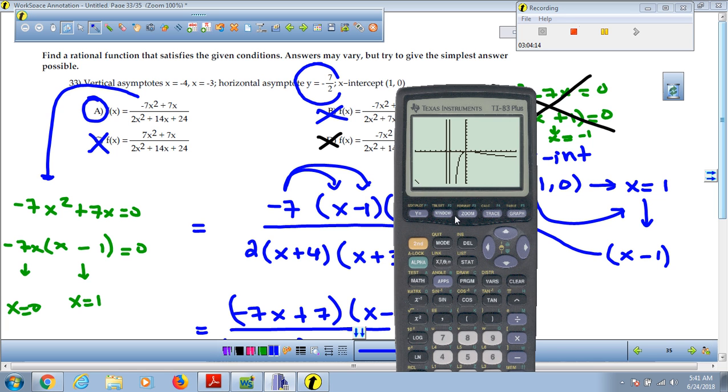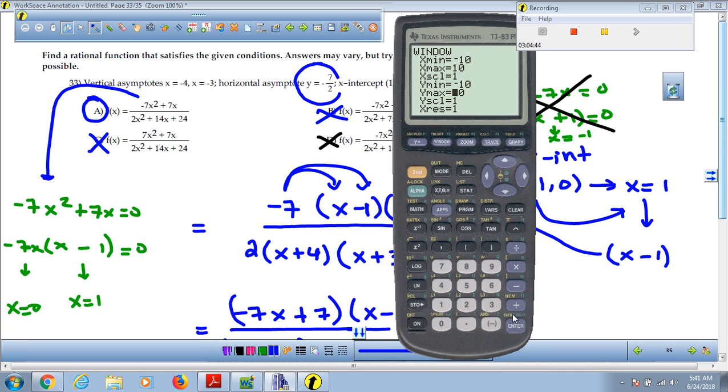Let's see if I do window, the y minimum, I'm going to set it at negative 30. The x minimum, I'm going to set it at negative 20, double of what we see.